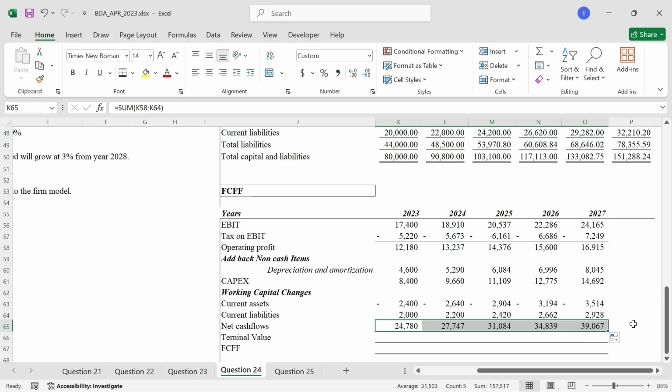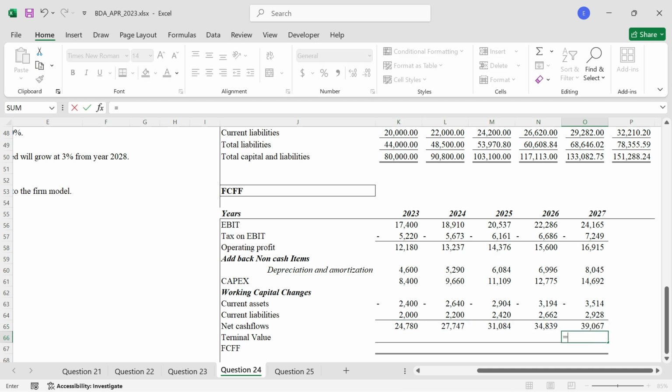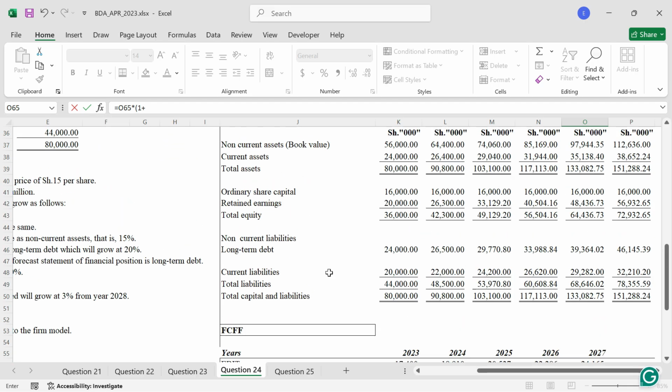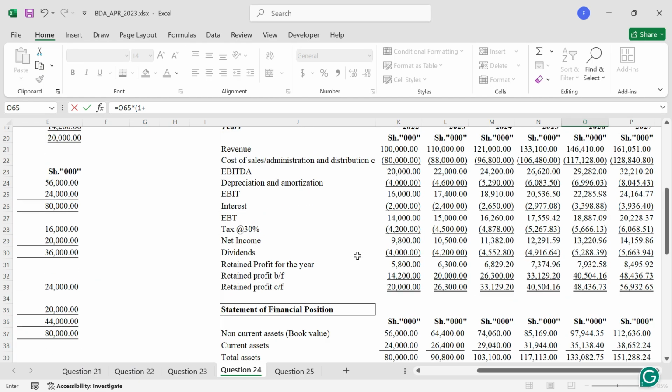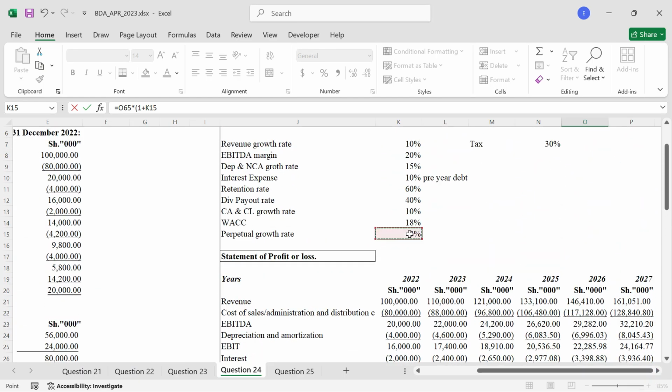Now my terminal value is usually given as the final cash flow multiplied by 1 plus g, divided by WACC minus g. So this will be this final year cash flow multiplied by 1 plus the perpetual growth rate of 3%, divided by 18% minus 3%.